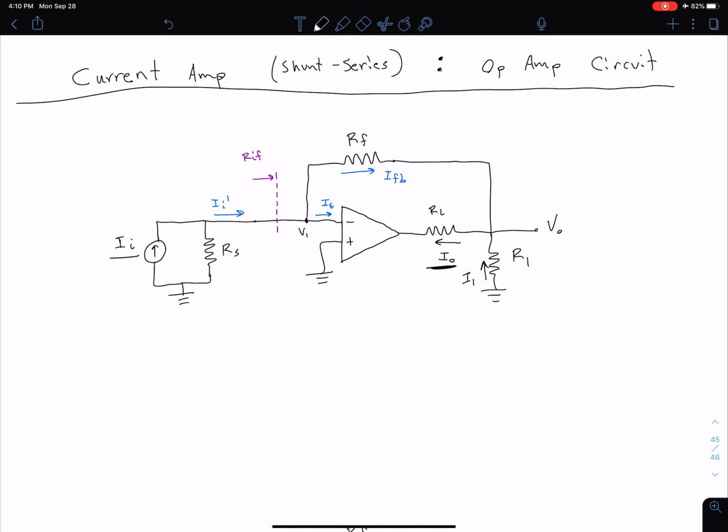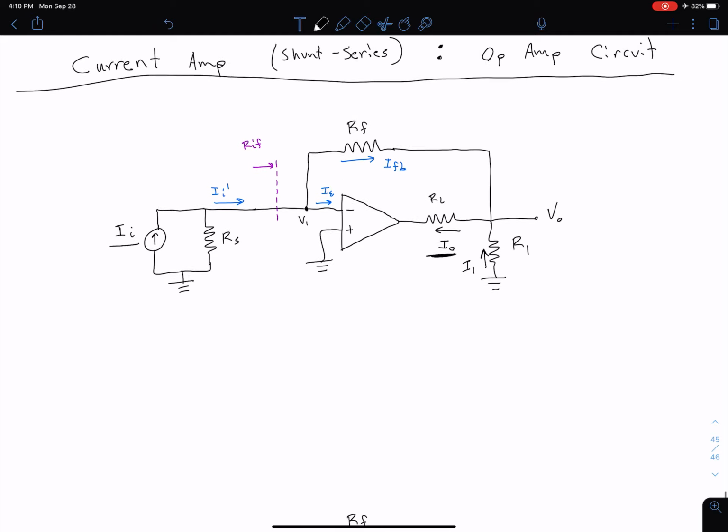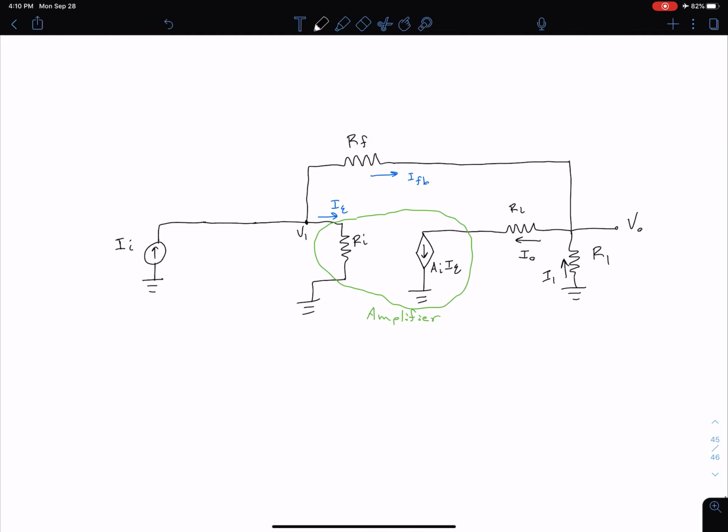In order to do a simplistic analysis of this circuit, we're going to replace this amplifier here in the middle with a model of that. So something like this, where we have a dependent current source on the right. Notice for a non-ideal model, we would have a resistance R out in here as well, but we don't have that.